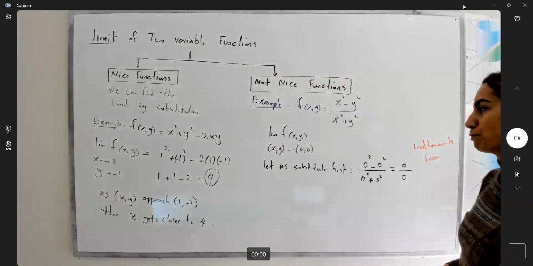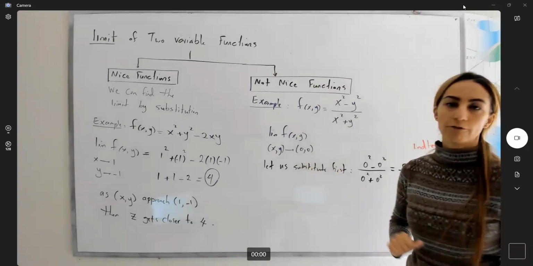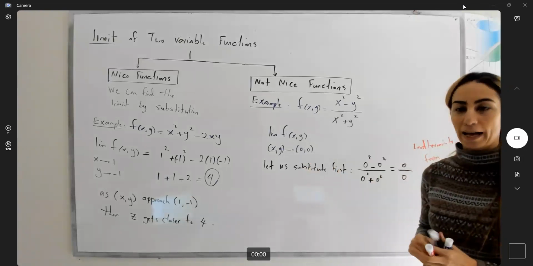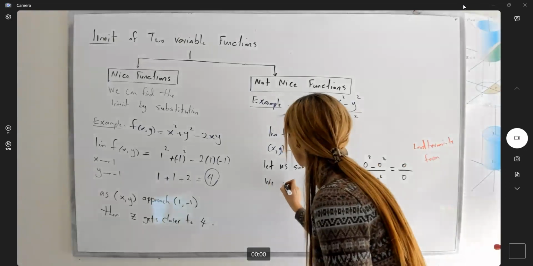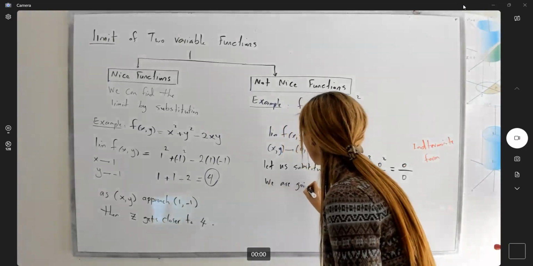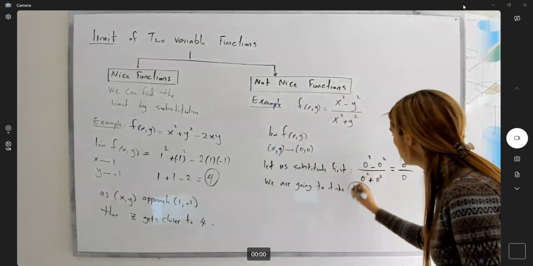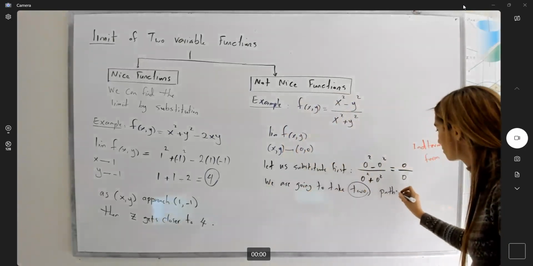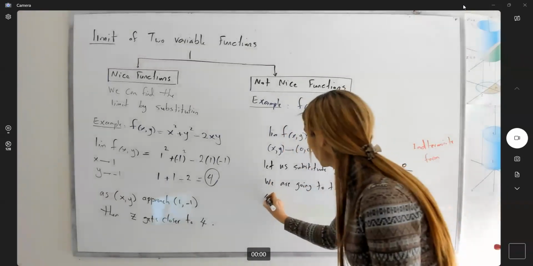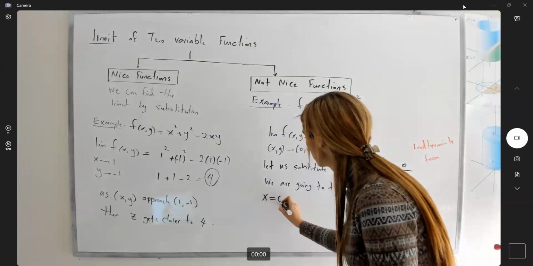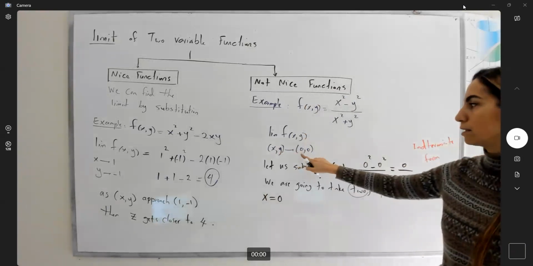What you're going to do, you're going to approach the origin from two different paths. We're going to take two paths. The very first path is x equal to 0. I'm going to set x equal to 0.